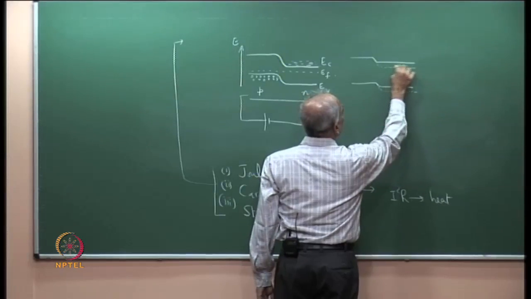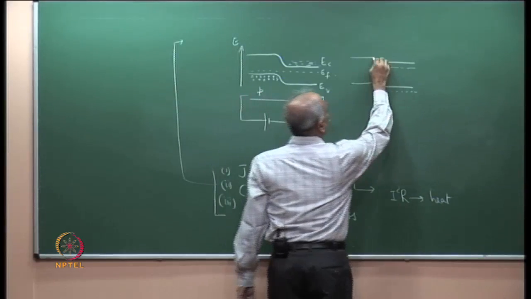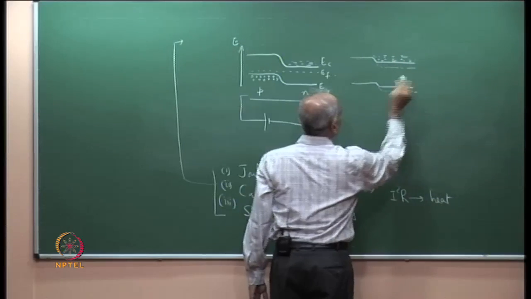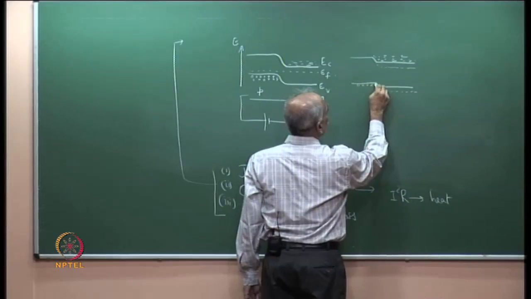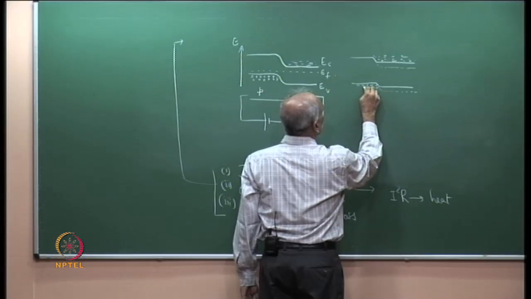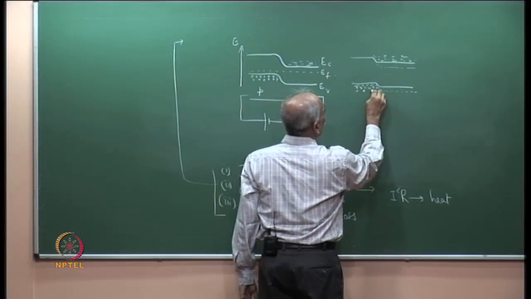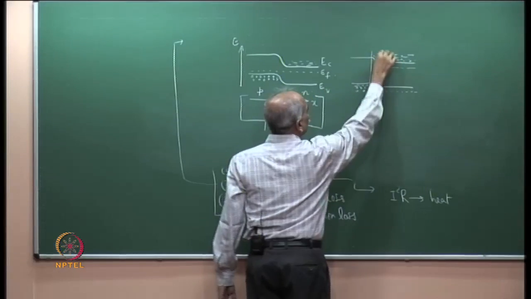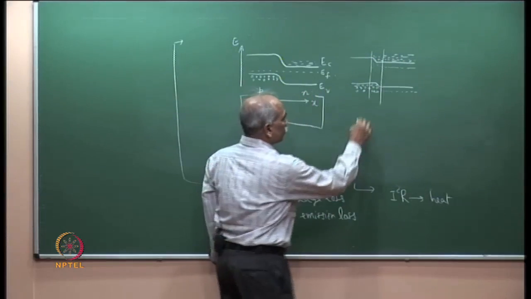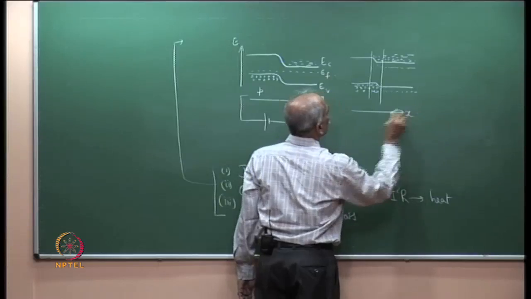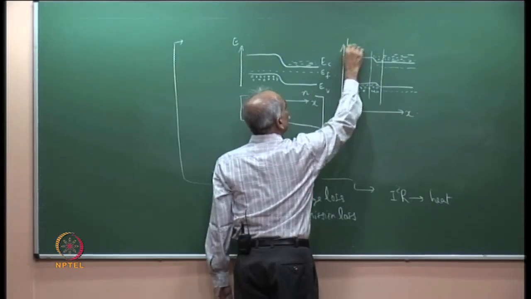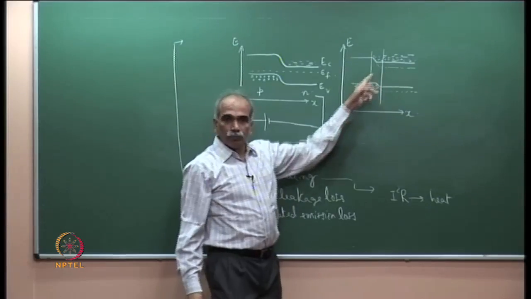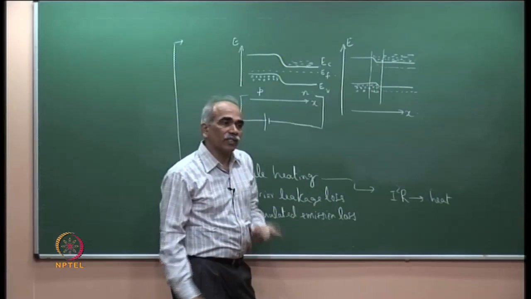The dotted lines indicate the original position. So you have plenty of carriers here and plenty of holes here. This axis is X, this axis is E. In the same physical position, you have plenty of electrons and holes which recombine, and that leads to an external current.